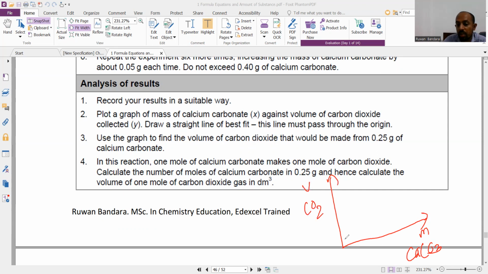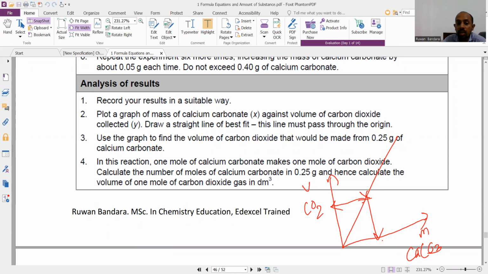Obviously, it will increase, no? And then take 1 point. Here find the mass of calcium carbonate and take the volume, right? From the mass of calcium carbonate, you can find the moles of calcium carbonate.